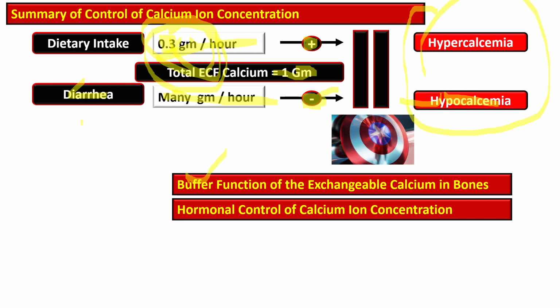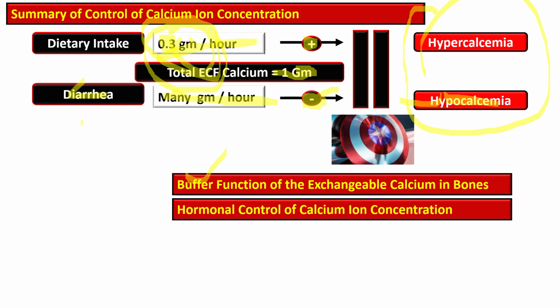Then there is the hormonal backup system. If this imbalance persists, the hormonal feedback kicks in. Parathyroid hormone increases blood calcium by resorption of the bone and renal calcium absorption, and by activation of vitamin D, which increases the intestinal absorption of calcium.